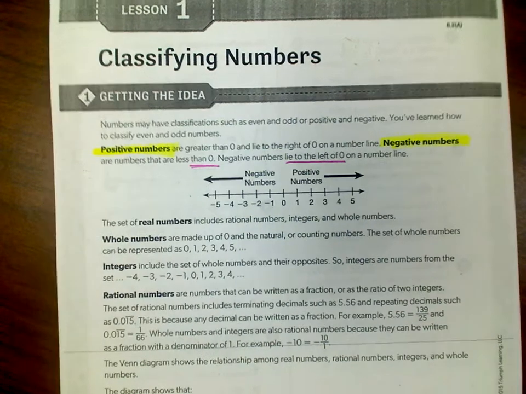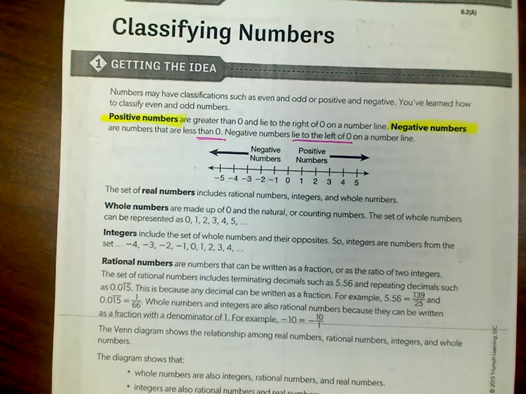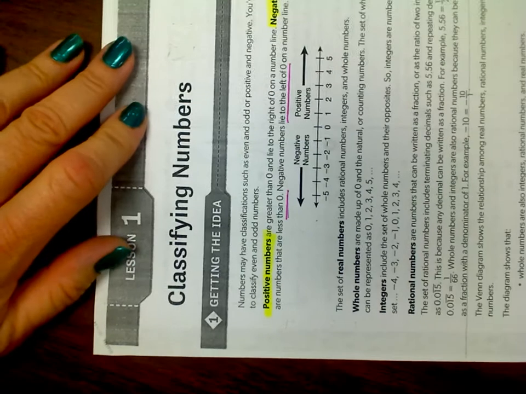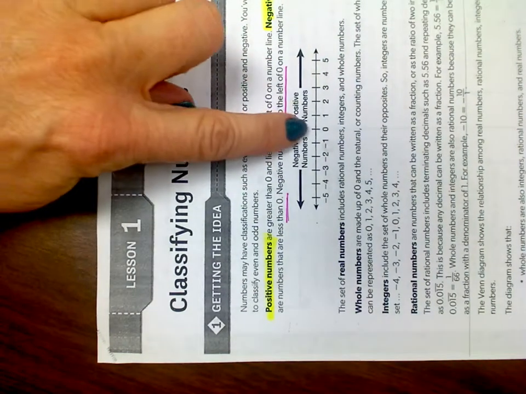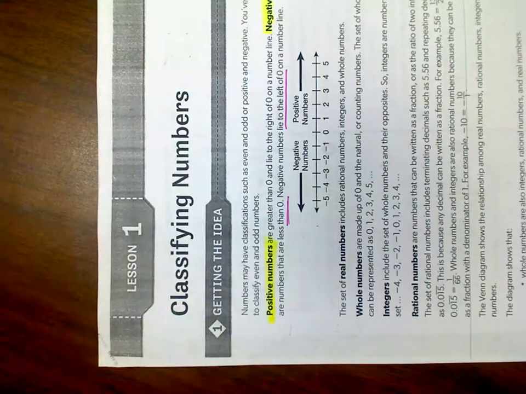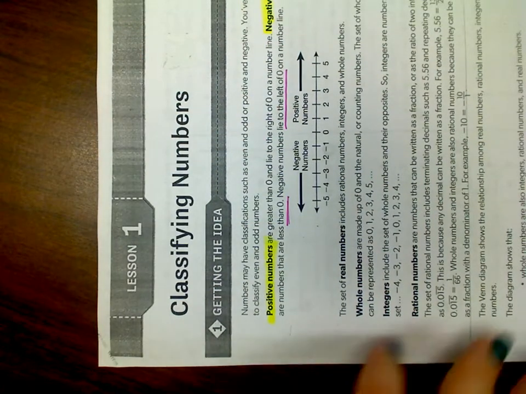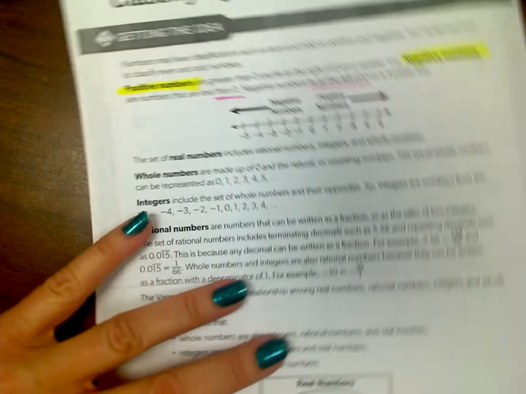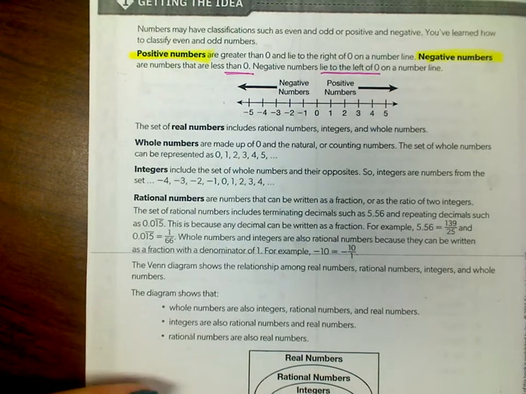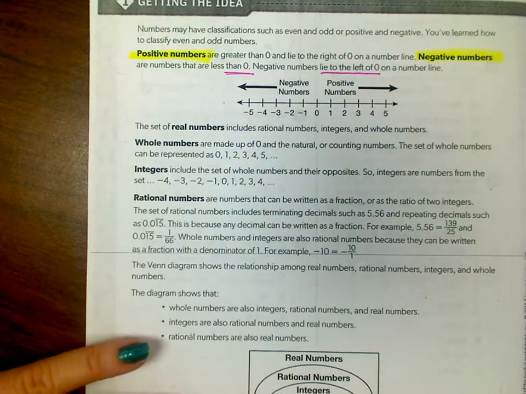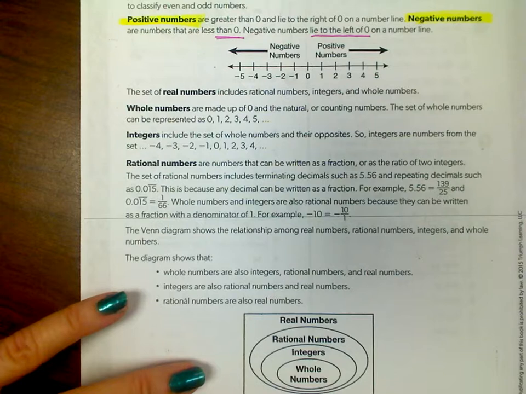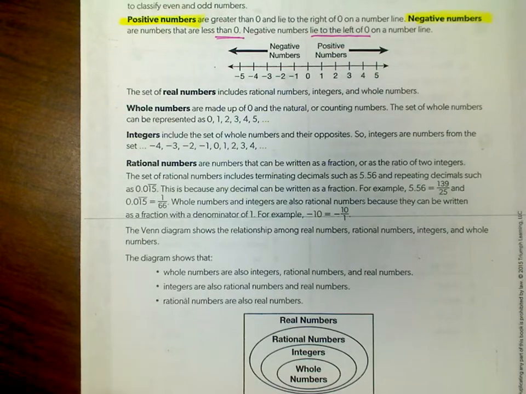We often see thermometers, sometimes in real life, and thermometers would be vertical and your positive numbers would be on top, your negative numbers would be on the bottom. So we have number lines in real life. You just need to start looking for them and knowing where the numbers go. Positive is always to the right or above 0.